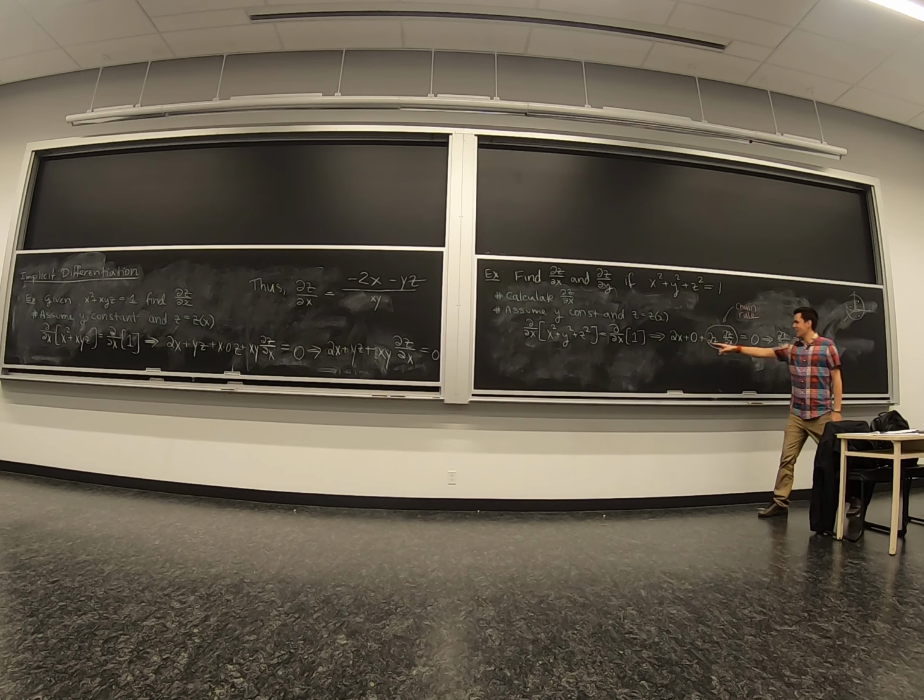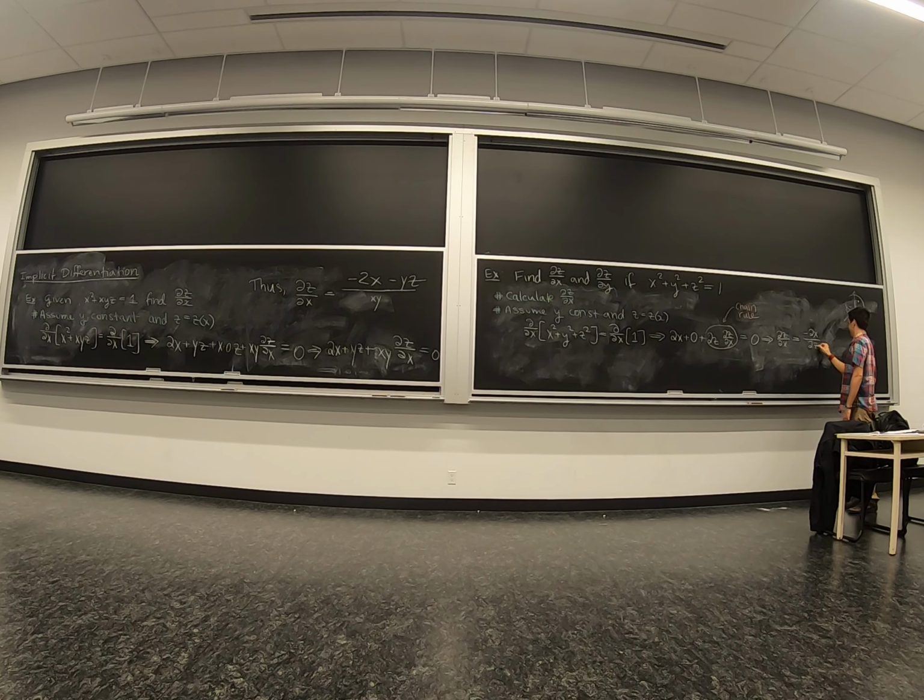Okay, we move this guy to the right-hand side. We divide by 2z. Thoughts about chain rule situation?